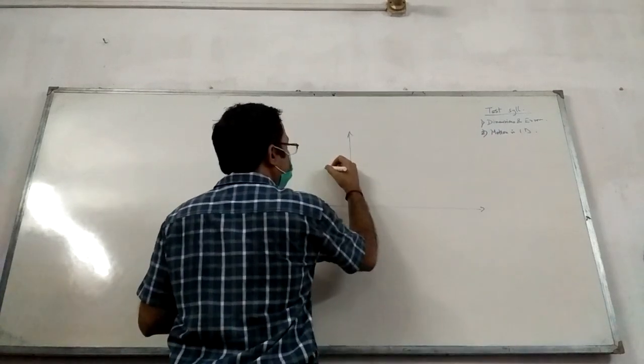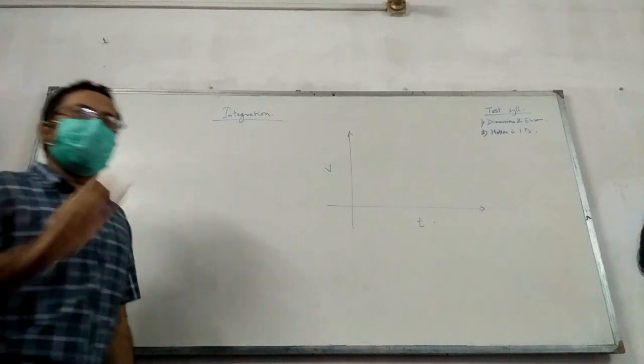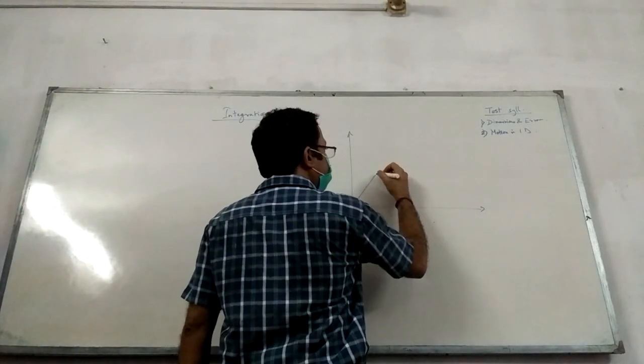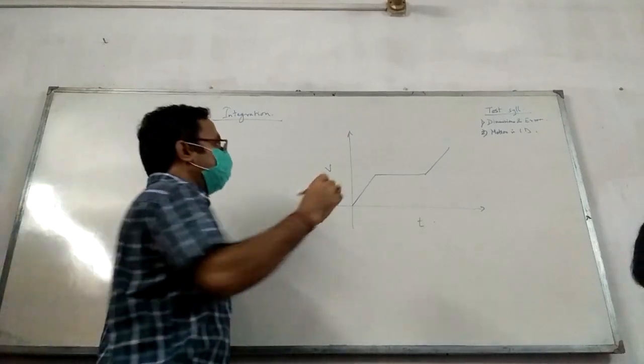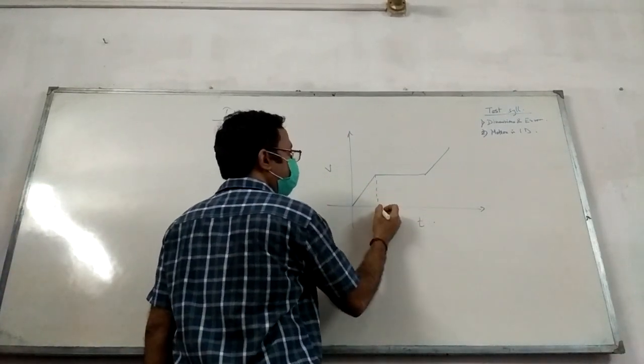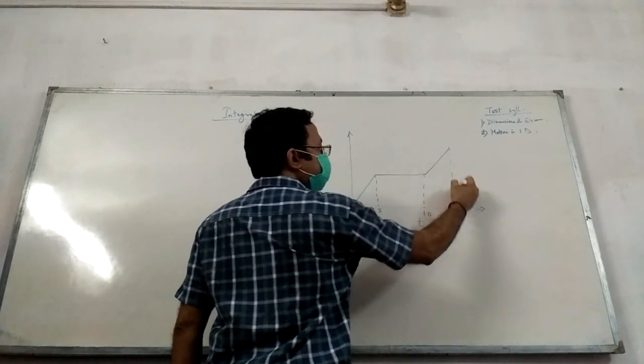Say this is a velocity versus time graph, and you get a graph something like this. Say this is a certain interval, like 5 seconds, this is 10 seconds, and this is 15 seconds.